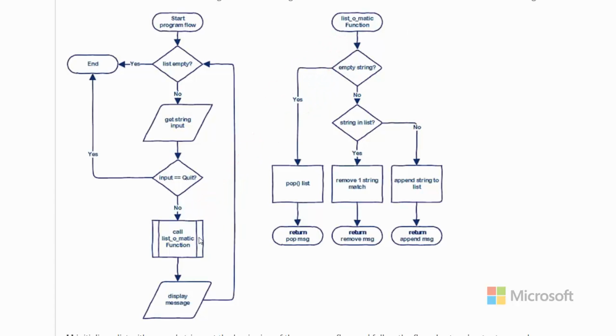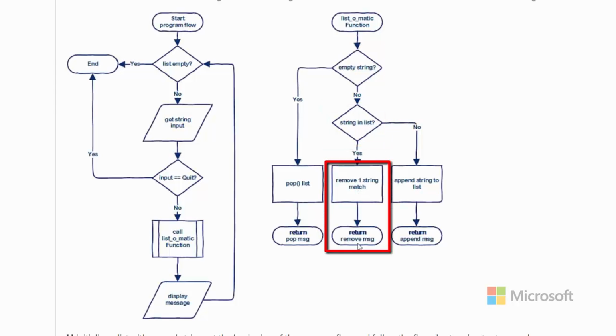The list-o-matic function will take an argument of a list and an item that is input. If the input string is empty, then we just pop the last item off of the list. If the string has something in it, then we check if it's already in the list.